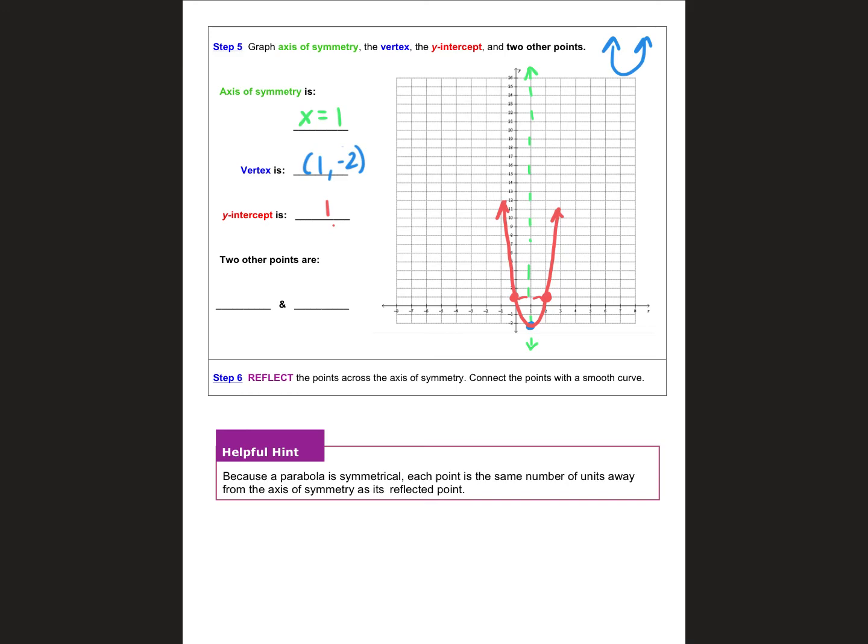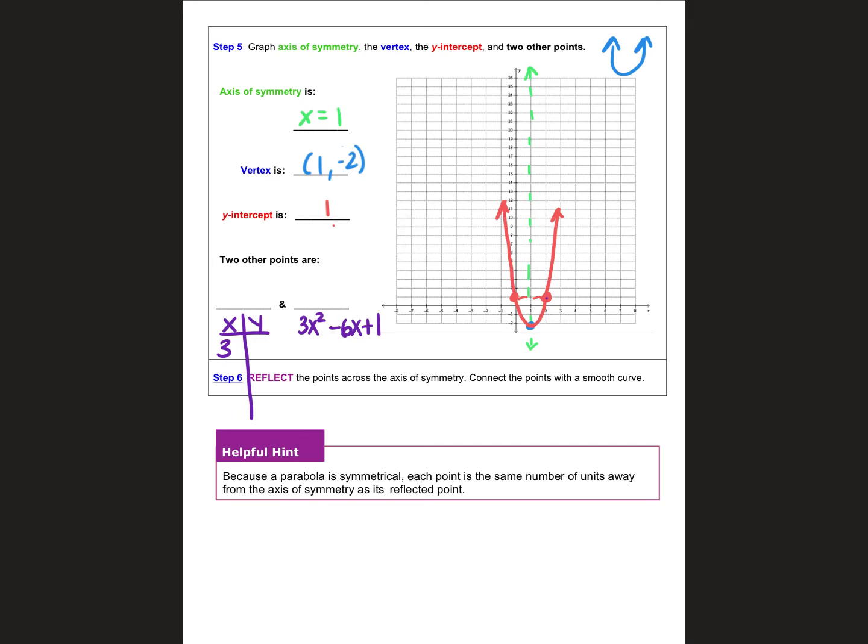We could pick any amount of points that we want to graph this. If we had an XY table using the original equation, we could put any x value we want into this chart. So say I wanted to pick x is 3, because I had x is 2 from my mirror image point.